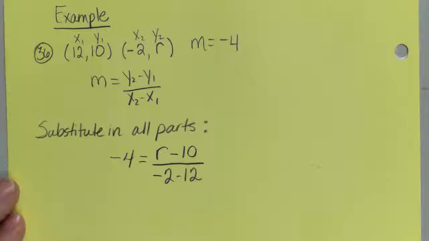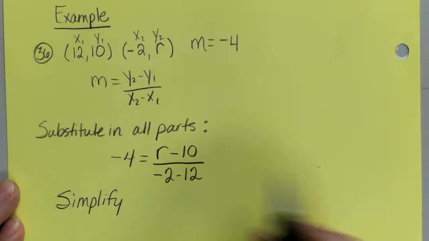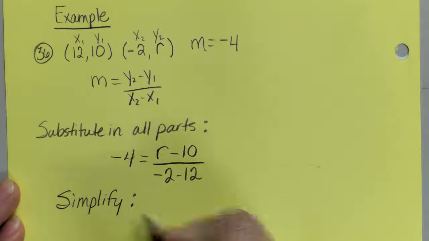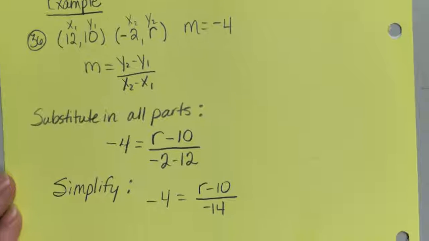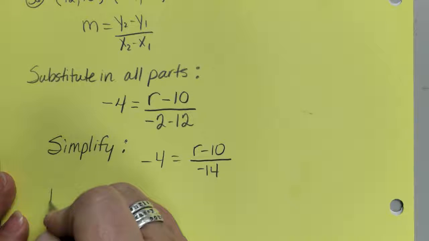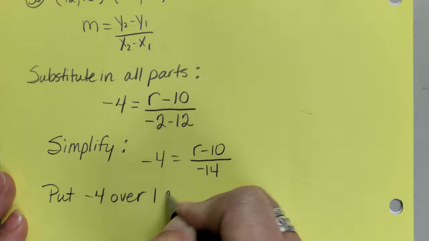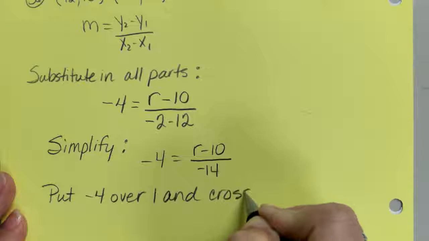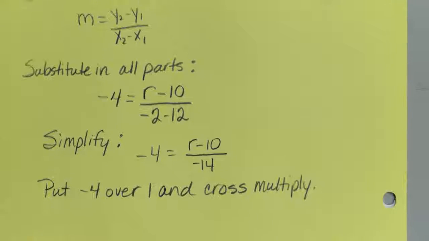So now I'm ready to simplify and solve for r. So I'm going to simplify, and it will be -4 equals r minus 10 divided by -14. Now, for my next step, I want to put -4 over 1 and cross multiply, because when I do that, I'll be turning this into a proportion, and we solve proportions by cross multiplying.